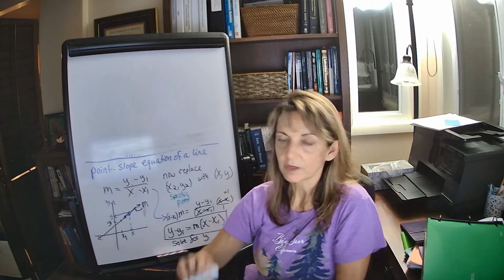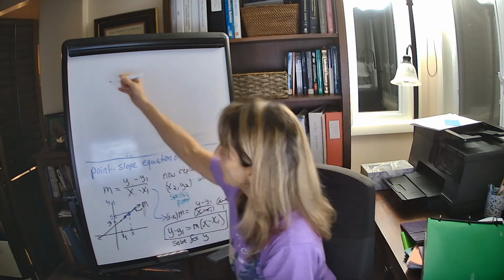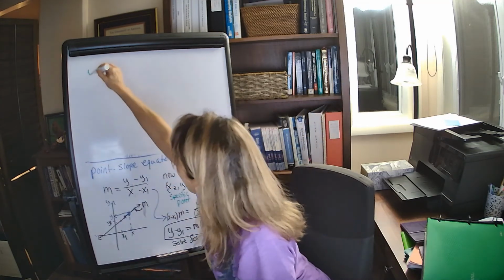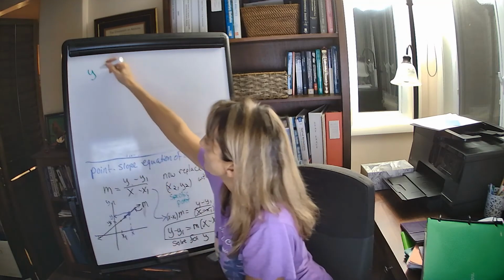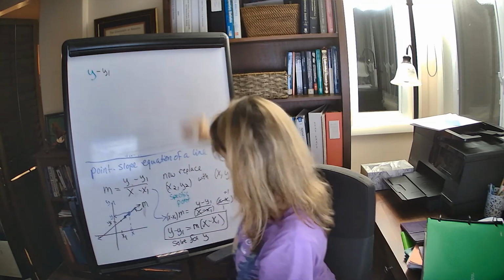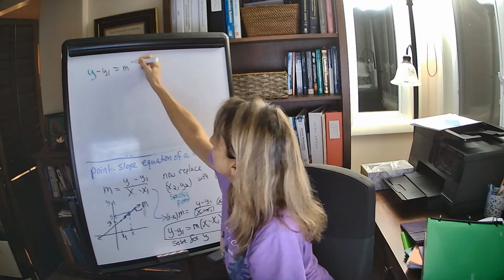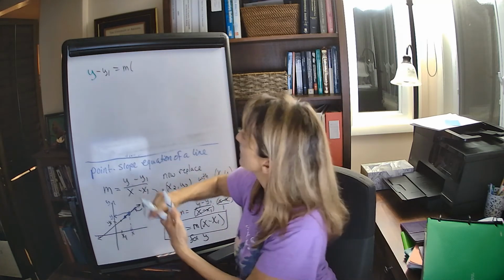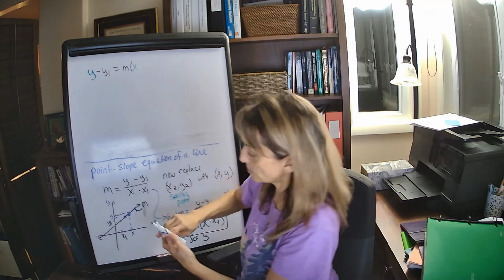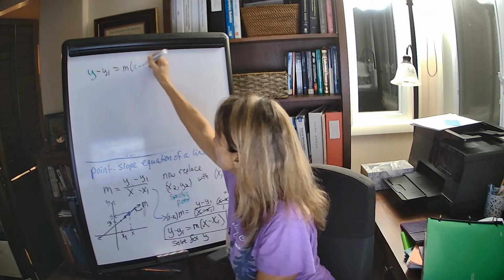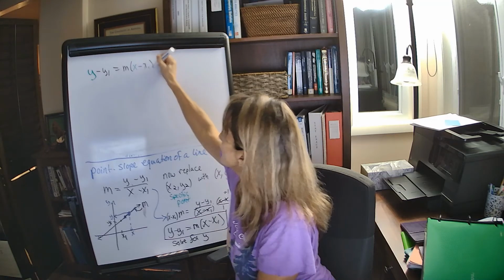Okay, so moving above, we have now y, the variable, minus y1, equals m times x, which we're also now not being specific about what x it is. It can be any x, x1.